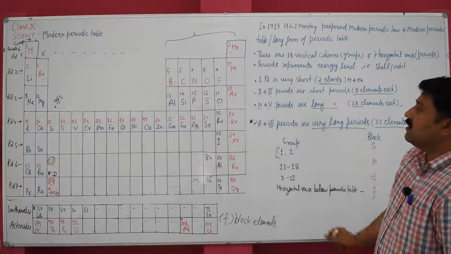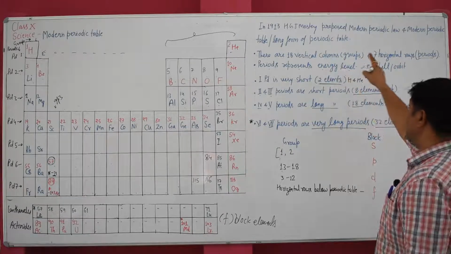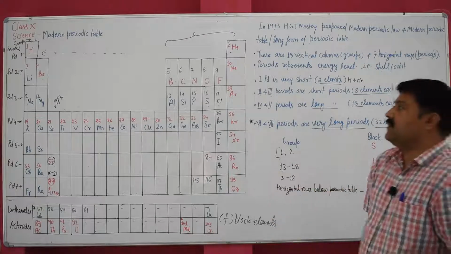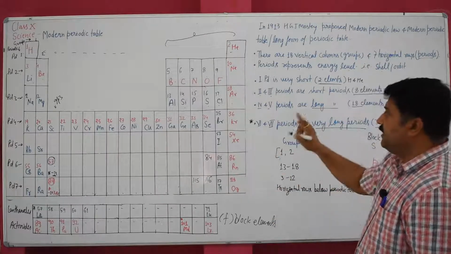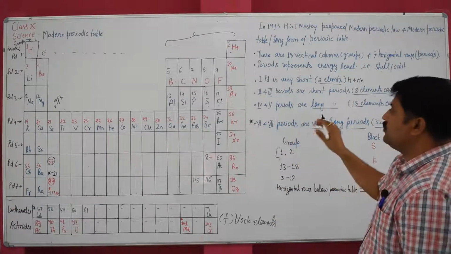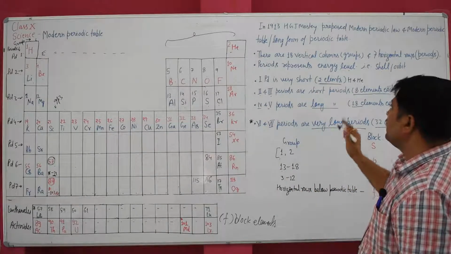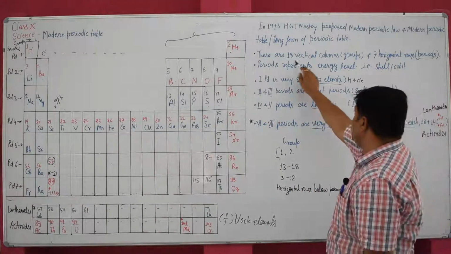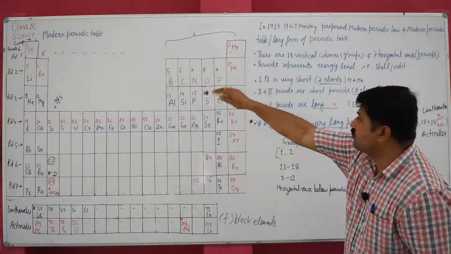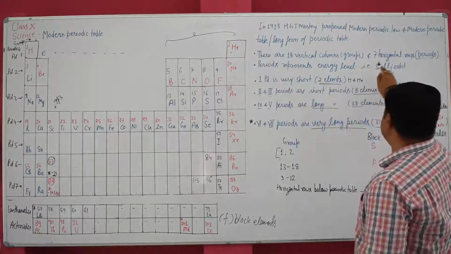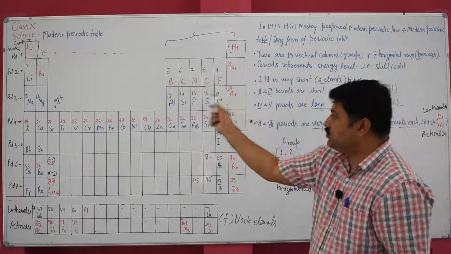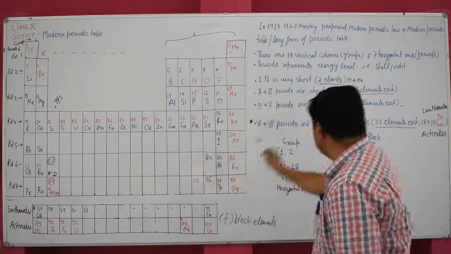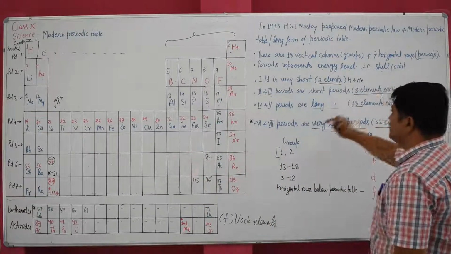So H. G. J. Moseley, on the basis of subatomic particle, divided elements into long form of periodic table. This periodic table has 18 vertical column groups, 1, 2, 3 and 18, and 7 horizontal rows, 1, 2, 3, 4, 5, 6 and 7. These are known as periods.